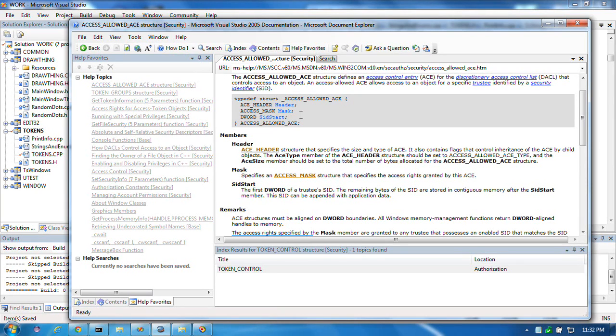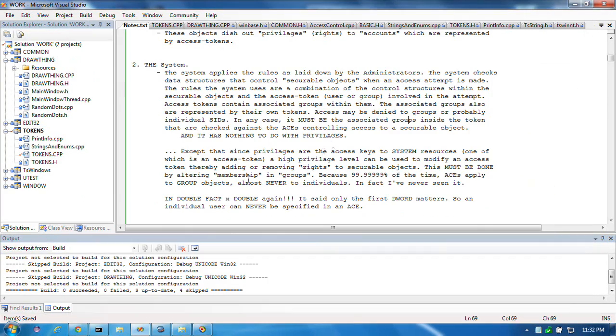So you can't specify a full security identifier in any of these entries. So it has to be some group. These can only apply to groups. They can't apply to individual accounts. So that's one good thing.